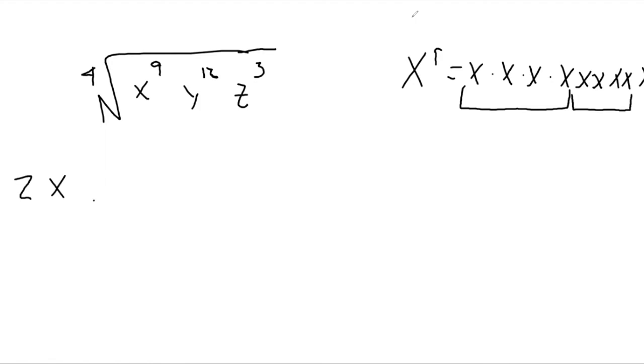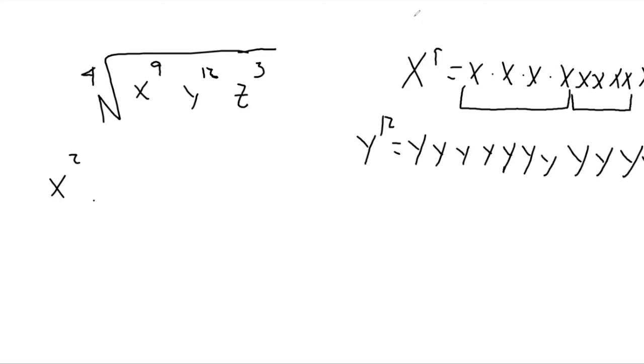Sorry, this shouldn't be a 2x. This should be an x squared. And then we can play the same game with the y's. y to the 12th is really just y times y times y, and so on, 12 y's.